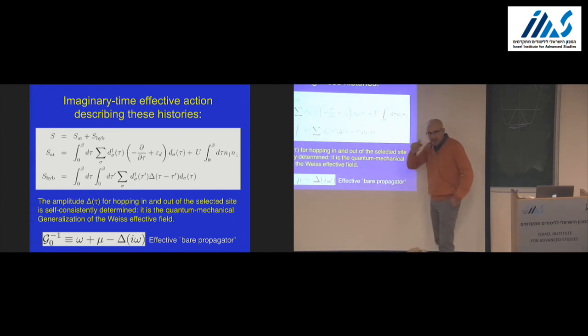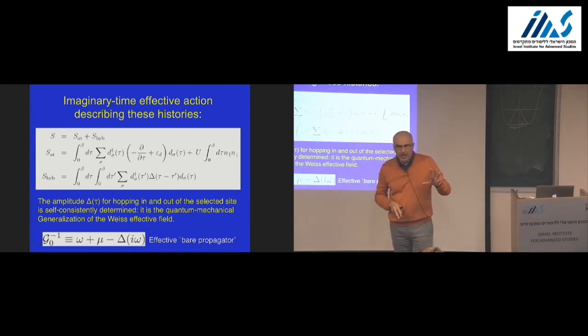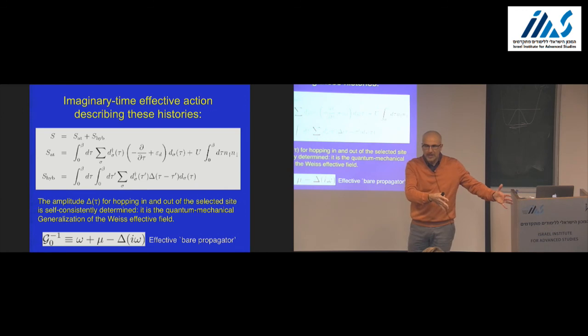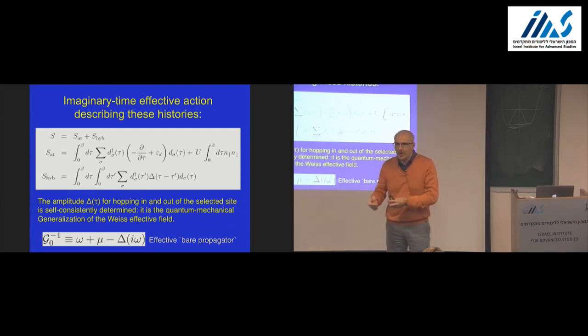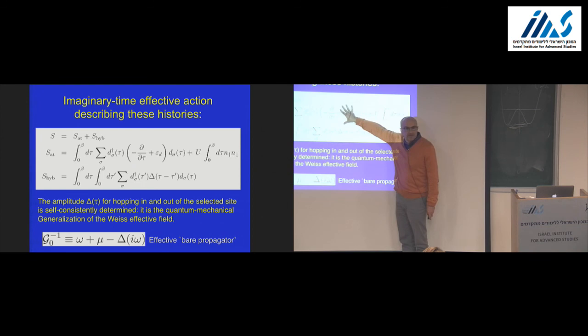I'll take your question in a minute, but when we do the Ising model mean field theory, we just replace my complicated lattice problem by an effective local problem, which is H effective times S. This is the H effective times S for this problem. A bit more complicated.